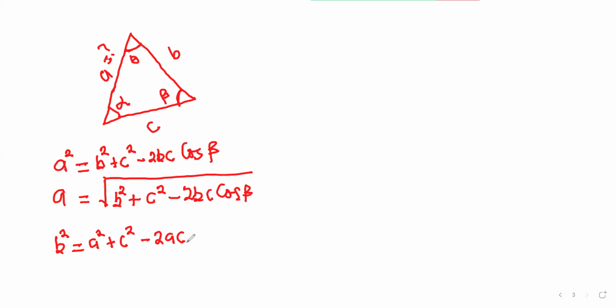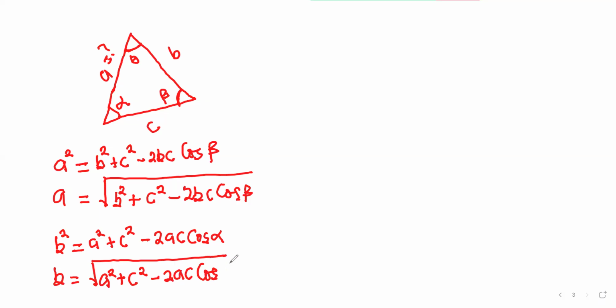No, the angle opposite to B, what is the name of it? Alpha. It's minus cos of alpha. Exactly. Therefore, B will be equal to the square root of A squared plus C squared minus 2AC cos of alpha.